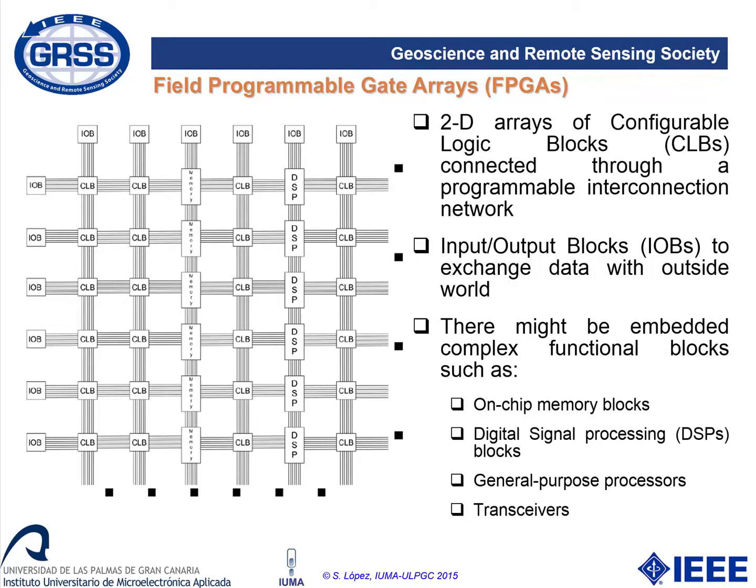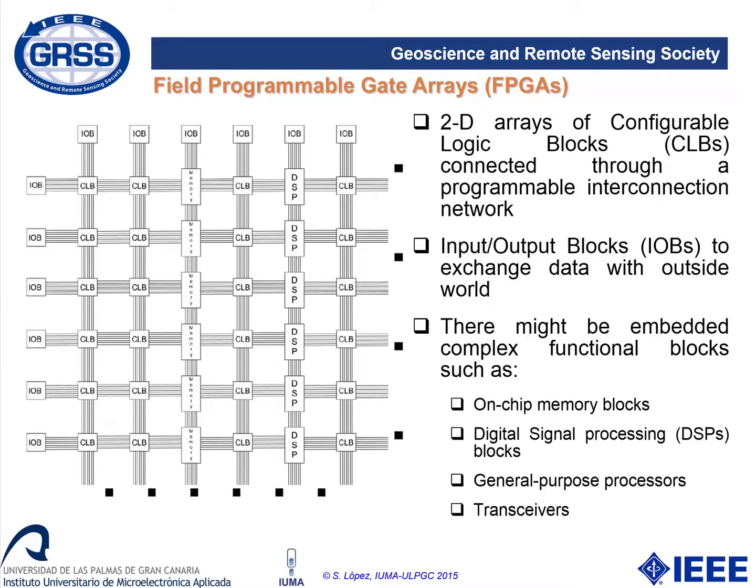But we have a lot of CLBs on an FPGA. So if we map these simple operations into a lot of computing resources and then we interconnect them properly, what we can do at the end is a complex operation by using these simple structures.